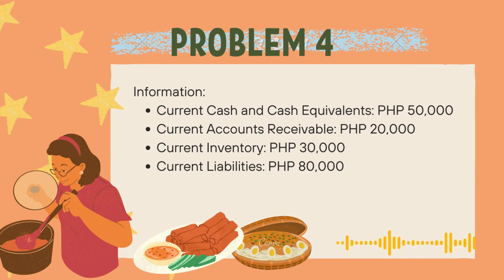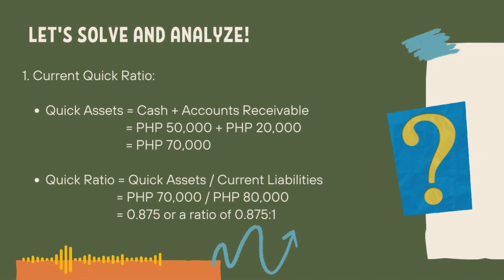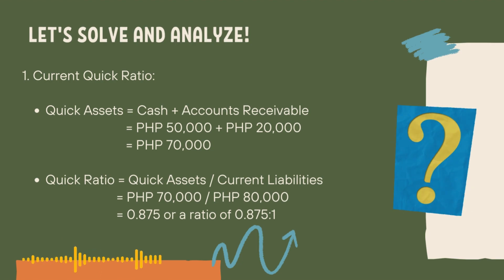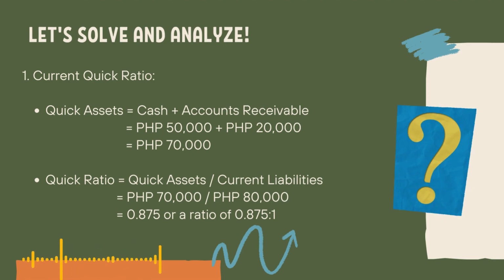Here is the information. Current cash and cash equivalents of 50,000 pesos, current accounts receivable of 20,000 pesos, current inventory of 30,000 pesos, current liabilities of 80,000 pesos. So, okay, first of all, we need to get the quick assets, that is cash plus accounts receivable. 50,000 pesos in cash plus 20,000 pesos of accounts receivable will give us 70,000 pesos of quick assets.